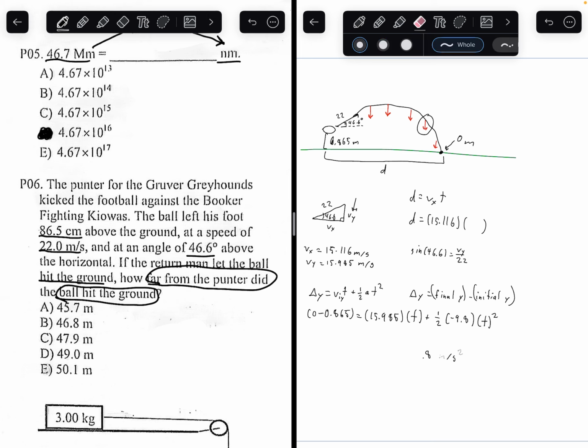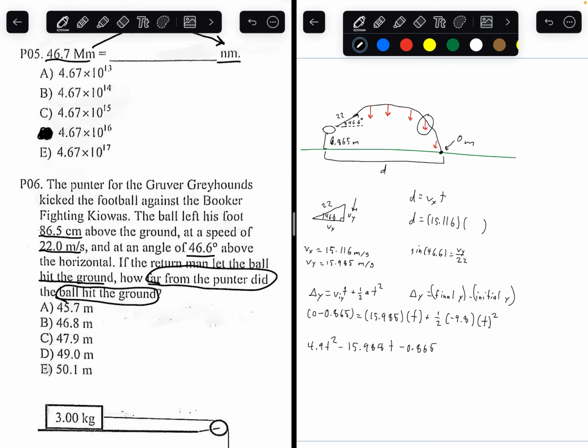Now with all this in mind, we want to find time. Bringing everything to one side, this is equal to negative 4.9 t squared. So you get 4.9 t squared minus 15.985 t minus 0.865 equals 0.